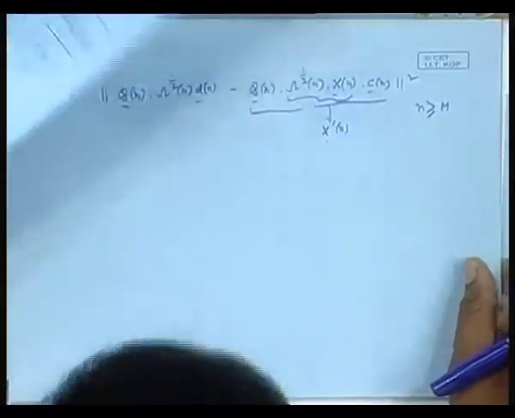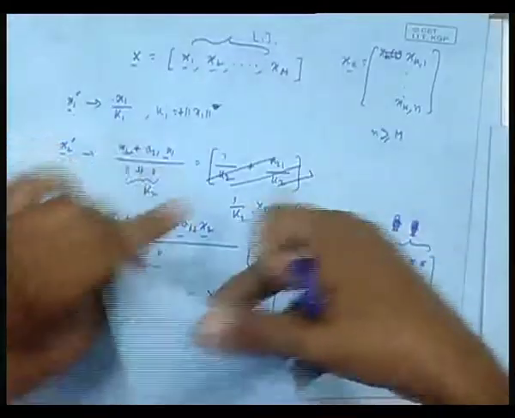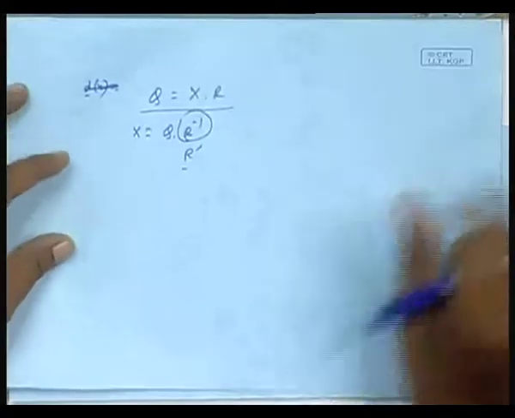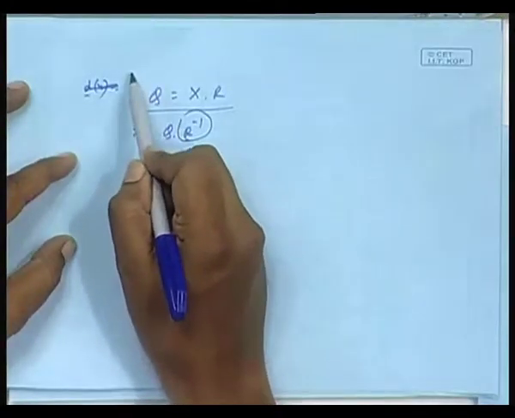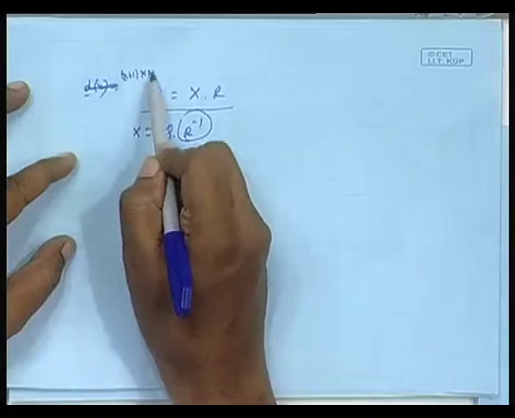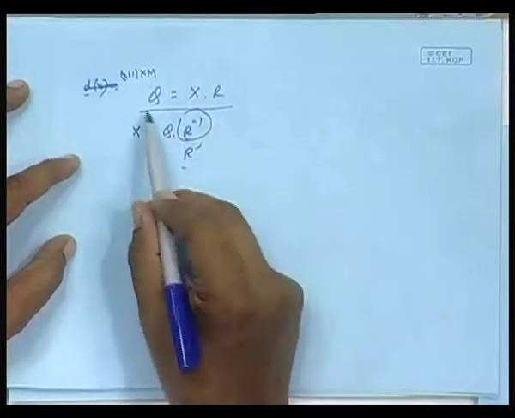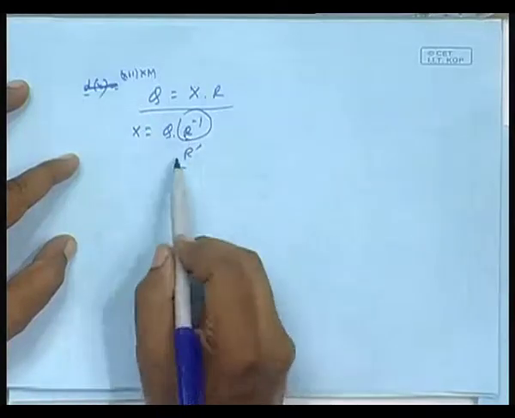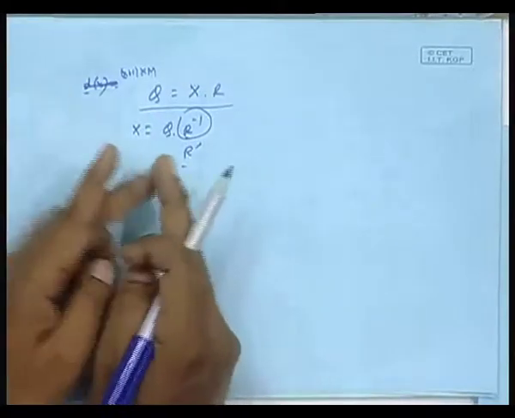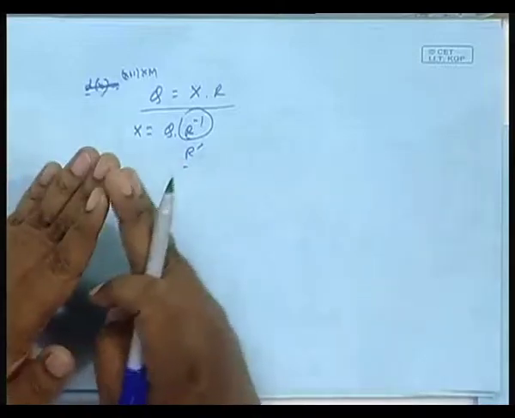Just a minute. Here Q was n plus 1 cross m, same as this, from a Q R inverse. In this form, if Q the number of columns increases.